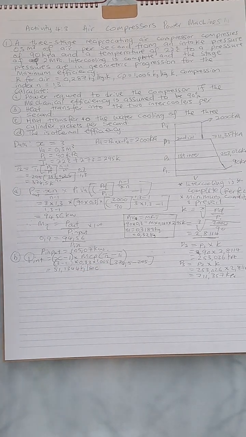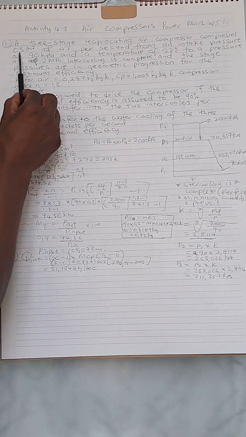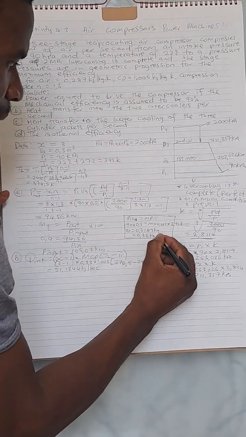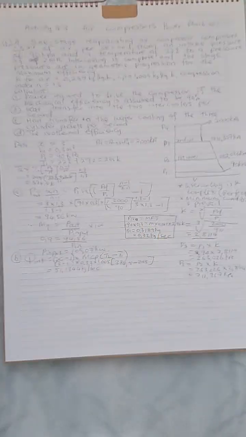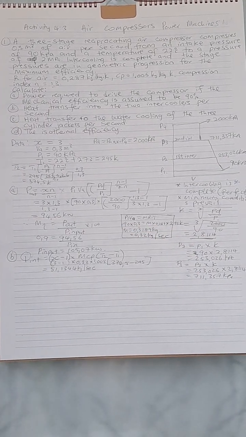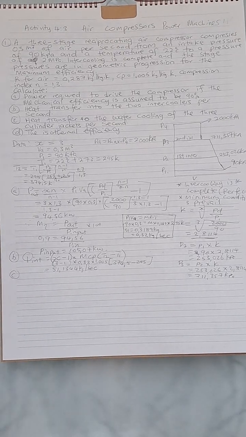It's kilojoules per second. Remember our V1 was given as 0.3 meter cubed of air per second, which is even the mass which you got here. We must not forget to emphasize that our mass is in what? In seconds. Perfect.